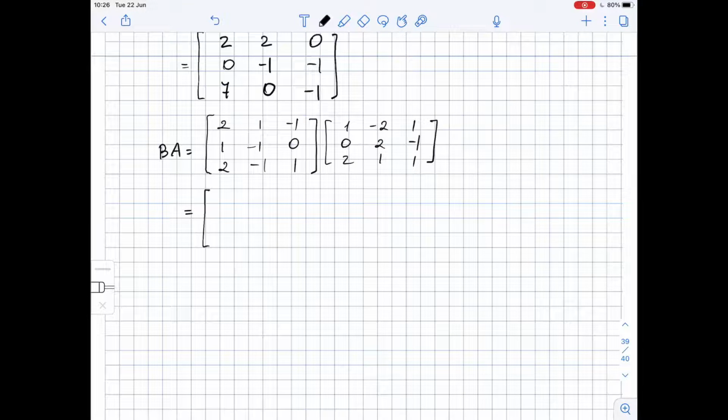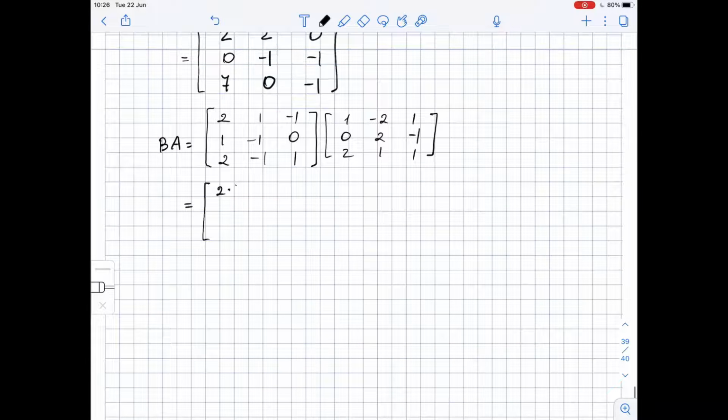Here we will have 2 times 1 plus 1 times 0 minus 1 times 2. Next, 2 times negative 2 plus 1 times 2 plus 1 times negative 1. Then 2 times 1 plus 1 times negative 1 minus 1 times 1.